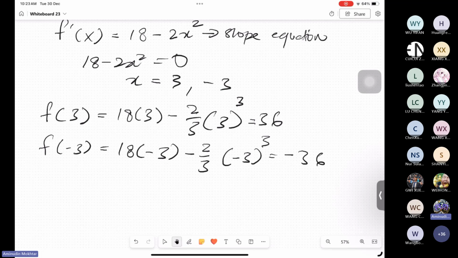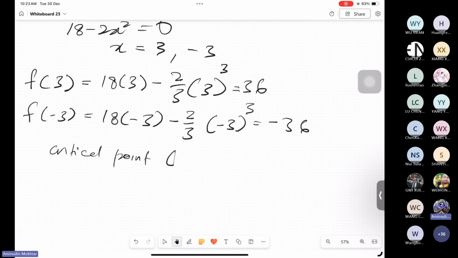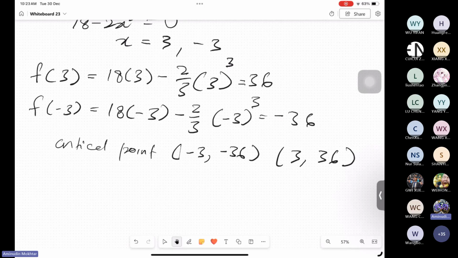So there are two critical points: the first one is for the negative value, -3 and -36. The second one is +3 and +36.